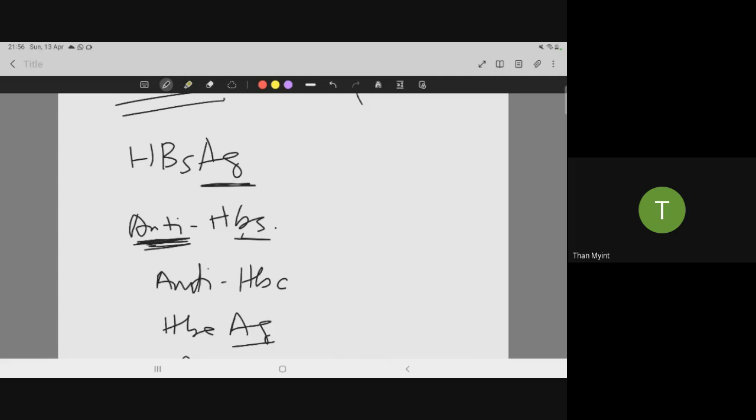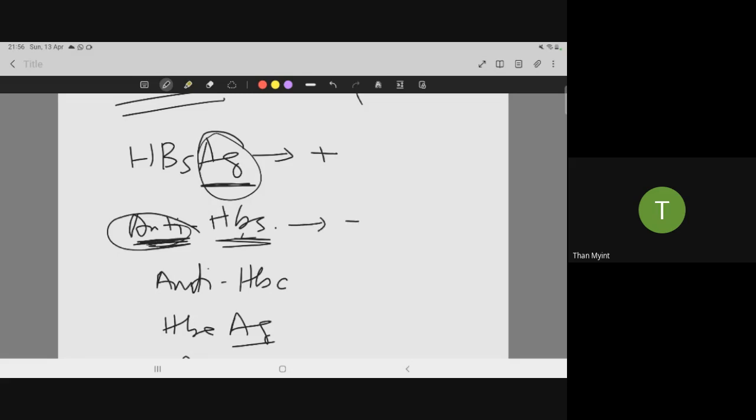If I talk about the surface antigen, this literally means if only your surface antigen is positive, you are just infected. You do not have immunity, you are not even vaccinated, nothing like this. You are just infected because you got this antigen. If only the antibody against hepatitis B surface is elevated, what comes to your mind?